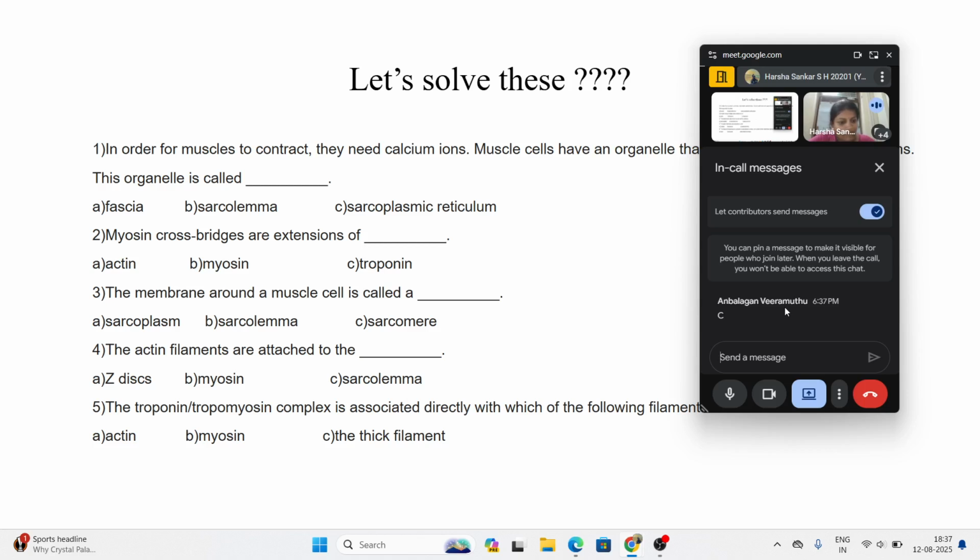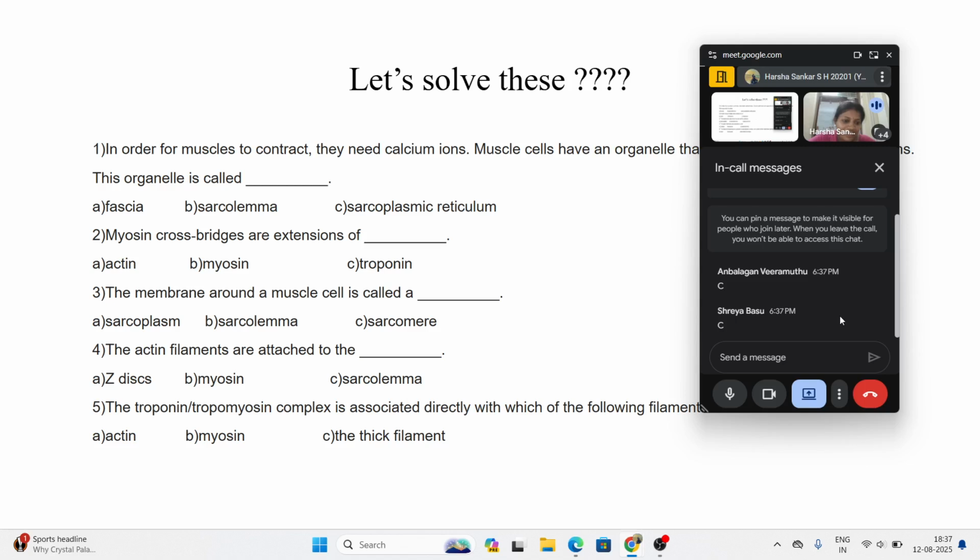Thank you, Anbalagan Veeramuthu. I am sorry if I am pronouncing the name wrongly. Then you can unmute and say, okay, my name is this. Only one answer is there. Please, everyone, anything is fine. Thank you, Shreya.